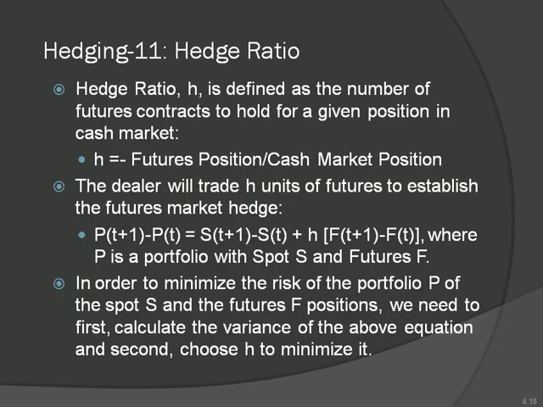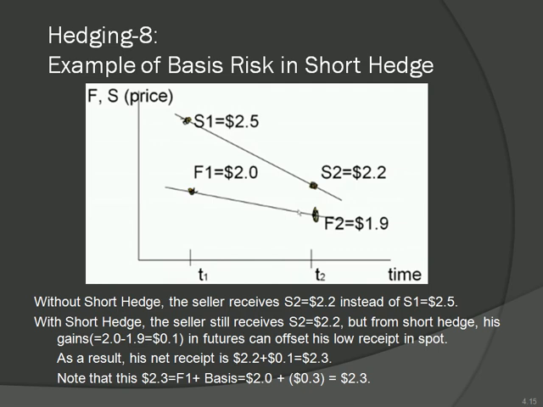Okay, let's go back to this previous example. Suppose you expected the spot commodity price is going to fall, so you got into a short hedge. When the spot price falls, future price falls as well. So here you ended up making money in the futures.